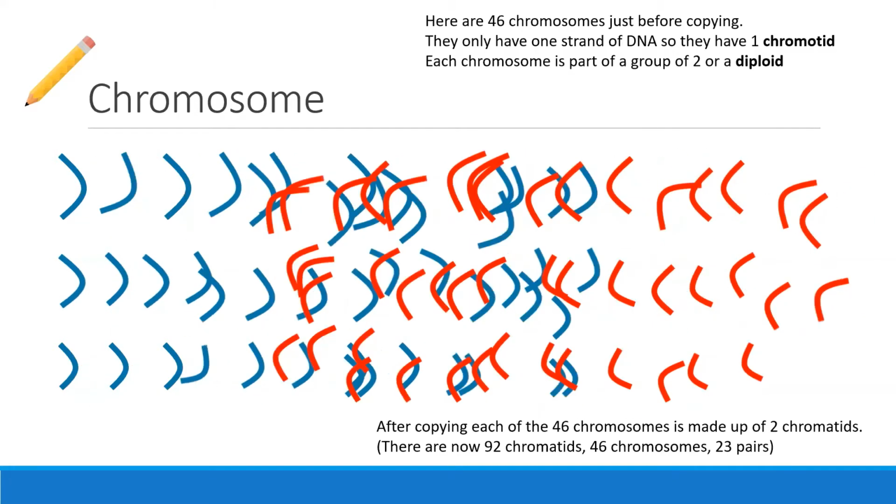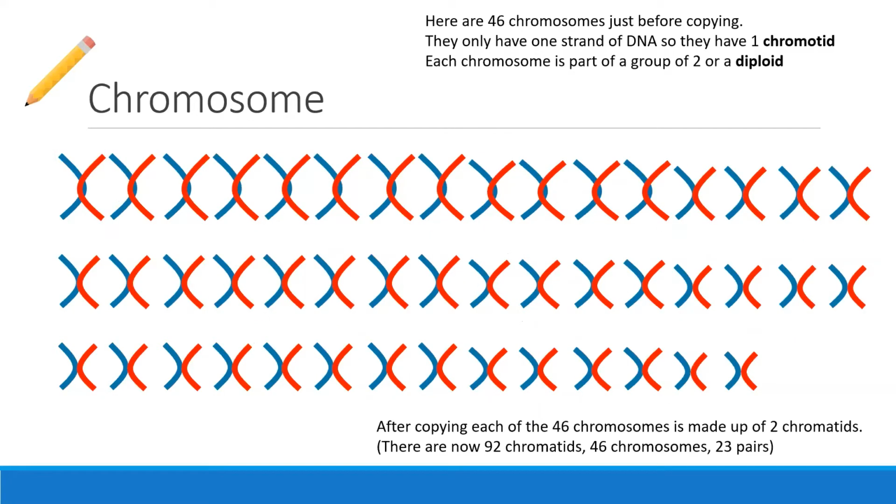What I want you to see is that I made this slight change of color here because, if you think about it, this is chromosome 1, this is chromosome 2, this is chromosome 46. Each cell will get a copy of chromosome 1, each cell will get a copy of chromosome 2, each cell will get a copy of chromosome 3, and so on.